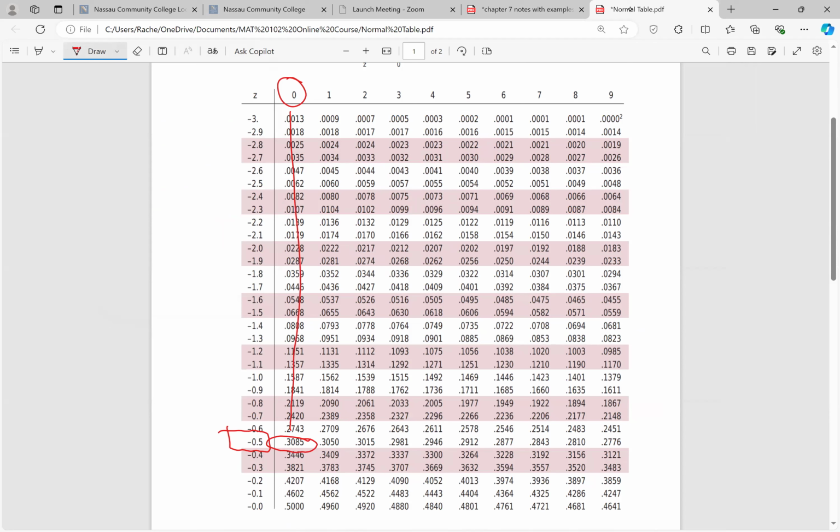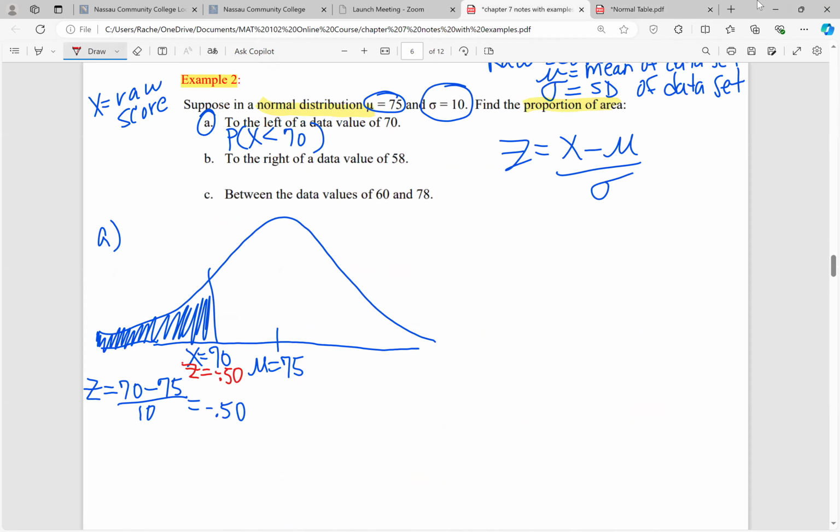So that's going to be 0.3085. So this area here is 0.3085. And that represents the proportion of area to the left of 70, or the probability that x is less than 70. So we did a table lookup, but like I said, in order to use the table, you have to convert raw scores to z-scores.